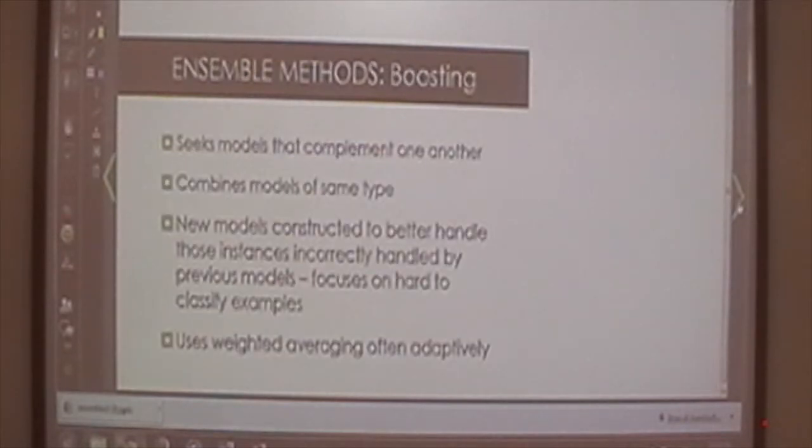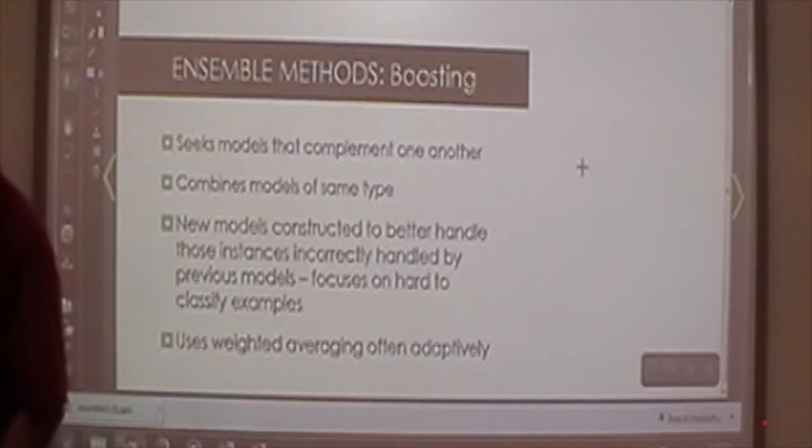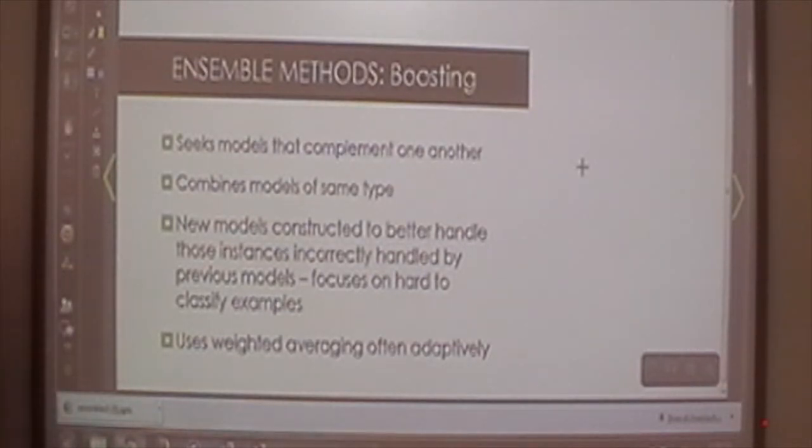Good. So the next big class of ensemble methods, model combination, is called boosting. In essence, this seeks models that complement each other, meaning filling in the weaknesses of other models. Where one might be strong, the other will be weak.